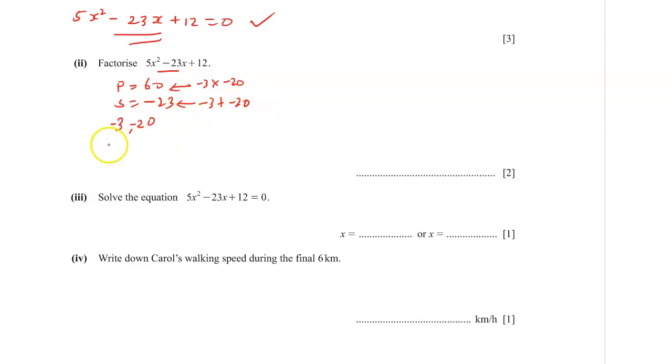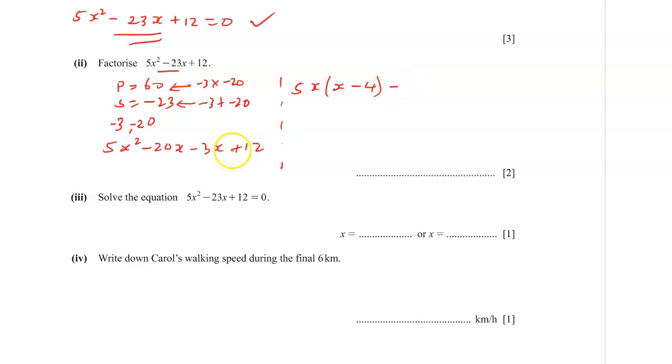So now we write our equation as 5x squared minus 3x minus 20x plus 12. We factorize: 5x, when you factorize 5x, you remain with x. Factorize minus 20x, you remain with 4.